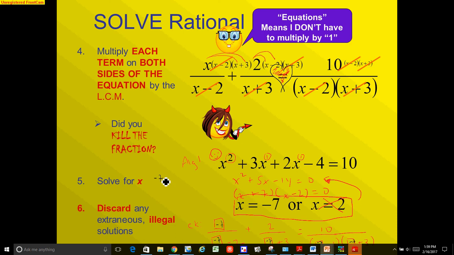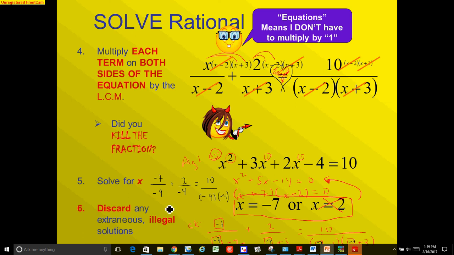Negative 7 on top of negative 7 minus 2 is negative 9, plus 2 over negative 4. Is that equal to 10 over negative 9 times negative 4?